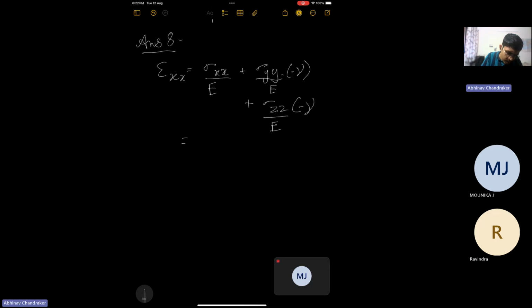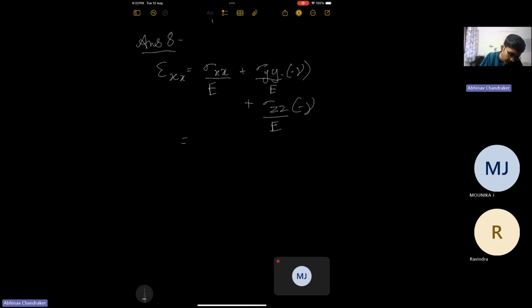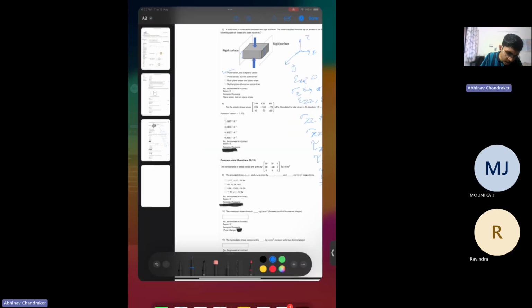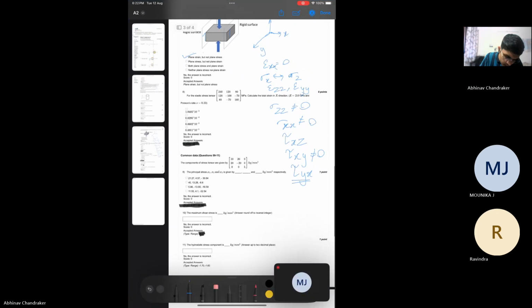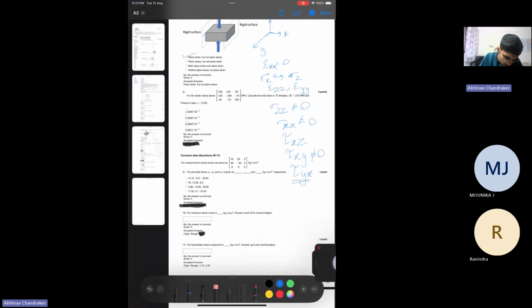So this should be equal to, if we just remove 1 by E, here our E value is 210 GPa. If any of you have solved it and know the answer, you can let me know what it is. We can cross check that also. Mu is known as 0.33.